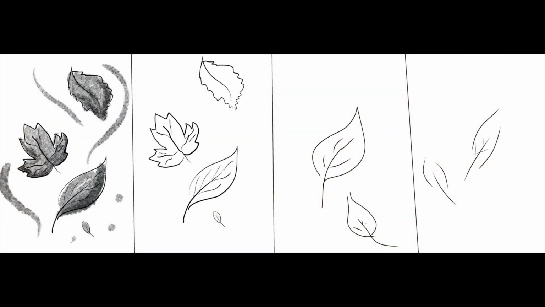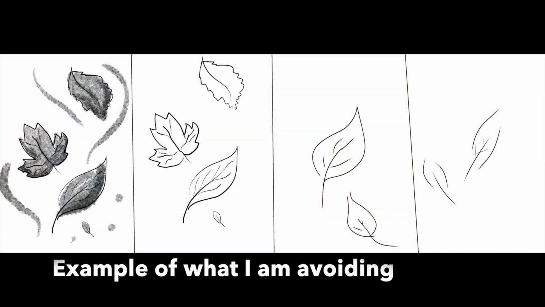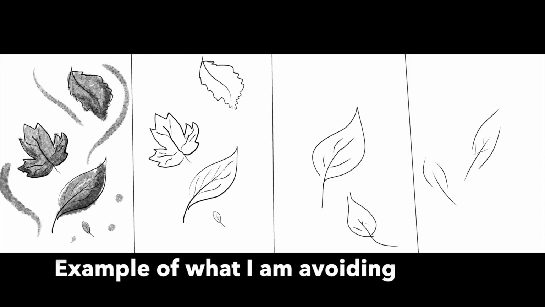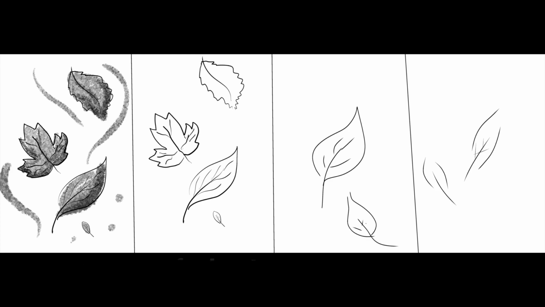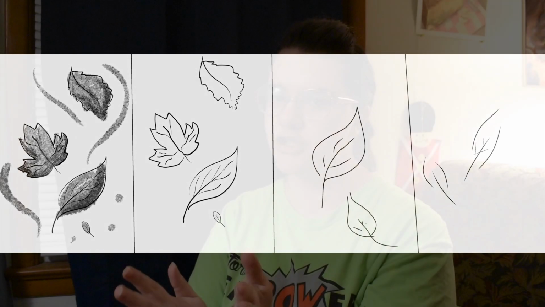Because if I do one painting at a time, the first painting I'm going to spend as much time as I can on it, and as I run out of time, the last painting's going to look so rushed and is not going to match the first painting. So I'm trying to do them all relatively at the same time in order to make it more cohesive.